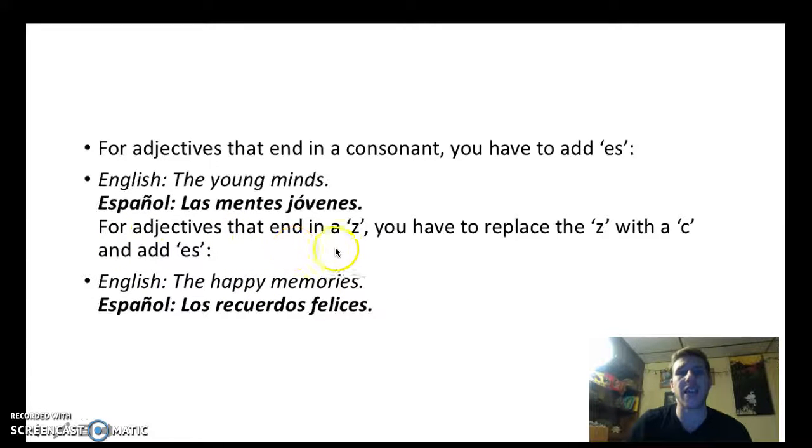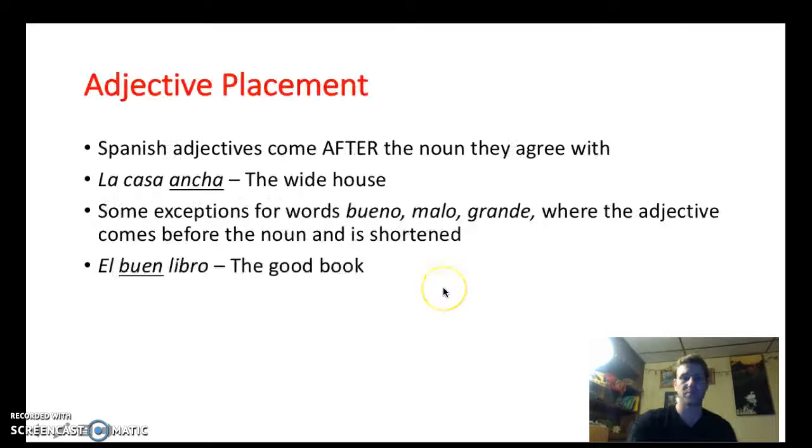For adjectives that end in Z, you have to replace the Z with a C and add ES. So for example, the happy memories, los recuerdos felices. Now remember, feliz would normally have a Z, F-E-L-I-Z, but in this case we must change that Z to a C and add ES, felices.